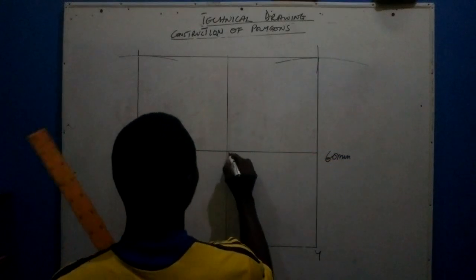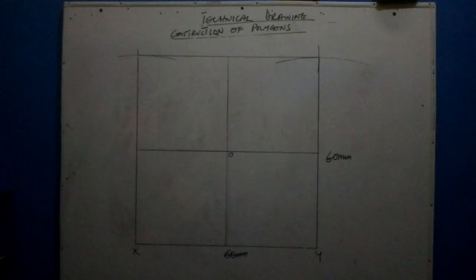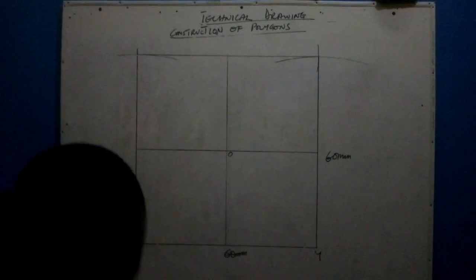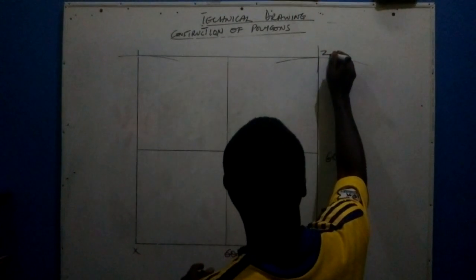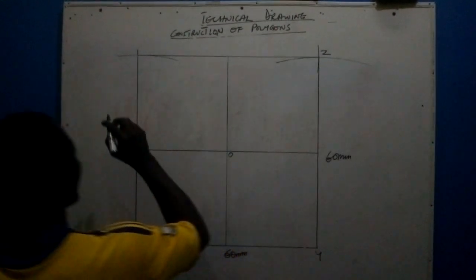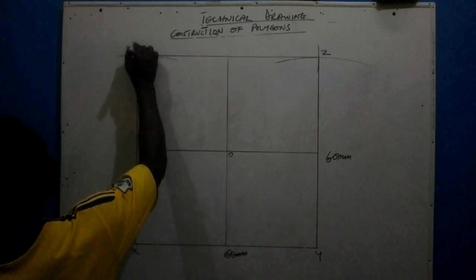I have my center O. Now I have my X, Y, Z is here, and my W is here.